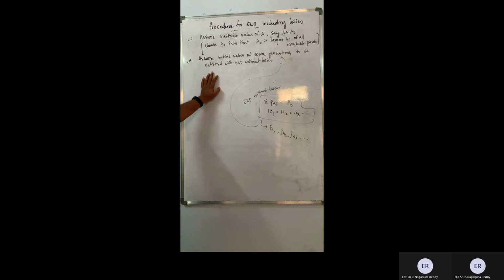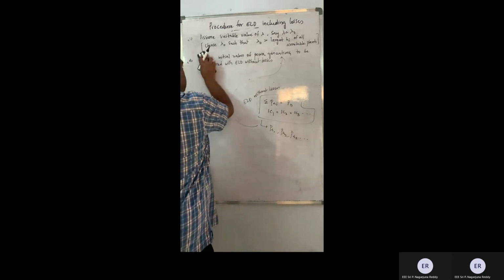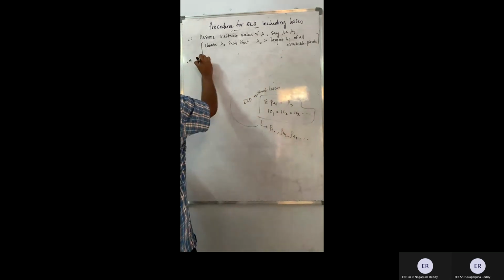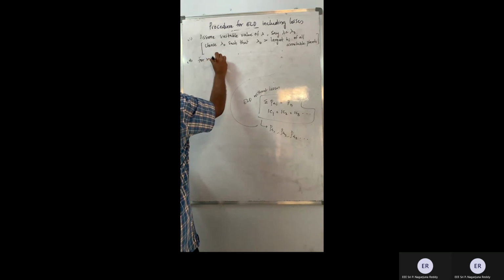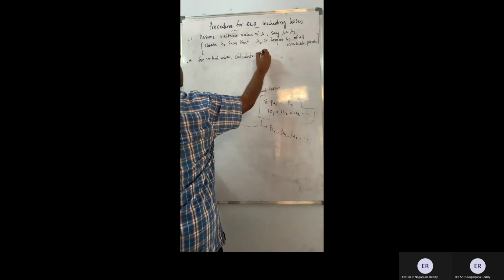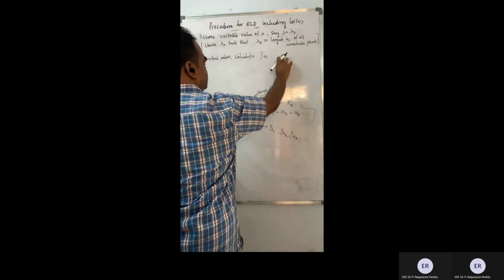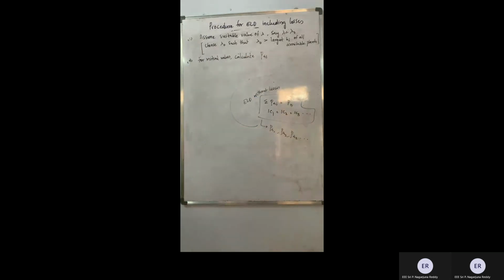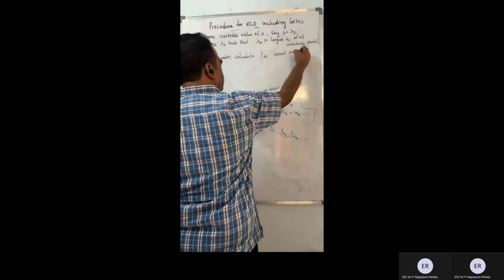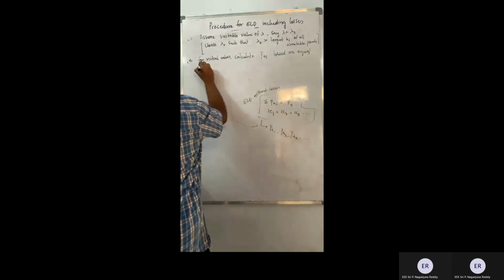So that is what it is all about. Assume initial values of power generation to be satisfied with ELD without losses. Or I will rewrite it in a more technical way. For initial estimates, for initial values, calculate PGi, the power generation at all the plants, based upon your equal incremental cost.